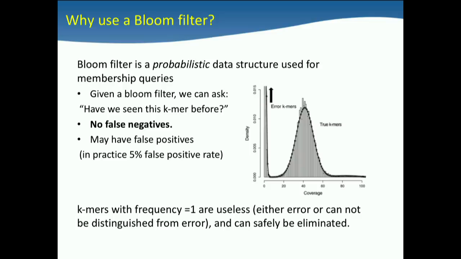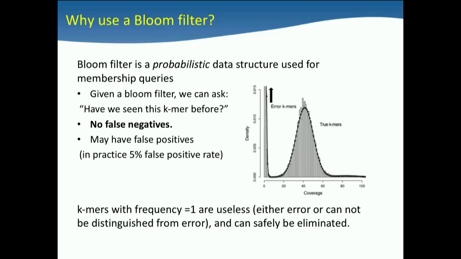So what we do is, instead of blindly counting these things, we use something called a Bloom filter. A Bloom filter is a probabilistic data structure. It simply answers your set membership queries: is this data in my set so far? And it doesn't have any false negatives, meaning that if it says I haven't seen it, I clearly haven't seen it.